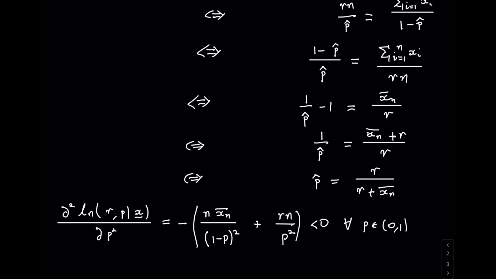And so this implies in our final step that our p hat is in fact equal to r on r plus x bar n, and I've just written it as a statistic of random variables here.